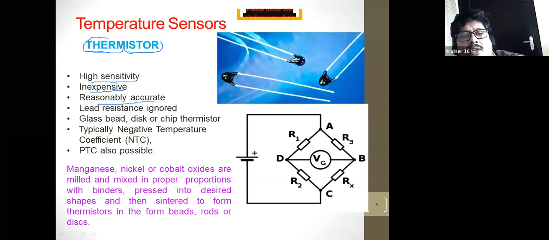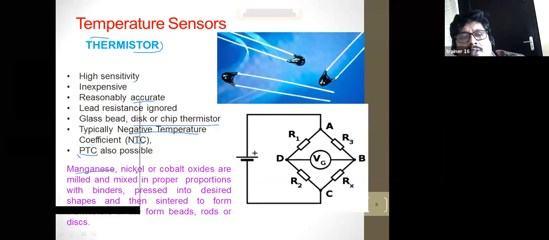Reasonably we can get accurate, but typically it is a negative temperature coefficient, and also sometimes positive temperature coefficient. Glass bead, disc or chip thermistors are made up of manganese, nickel or cobalt oxides, which are milled and mixed in equal proportions with binders, and pressed into desired shape. These are the desired shapes.